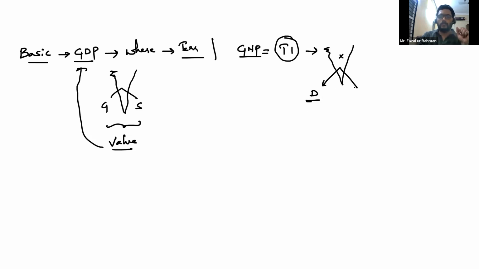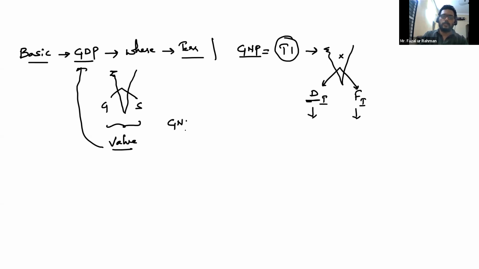Along with this, people who reside out of India, that means Indians in foreign countries, all these people produce goods and bring back the returns to the parent country, and then it gets added to GNP.